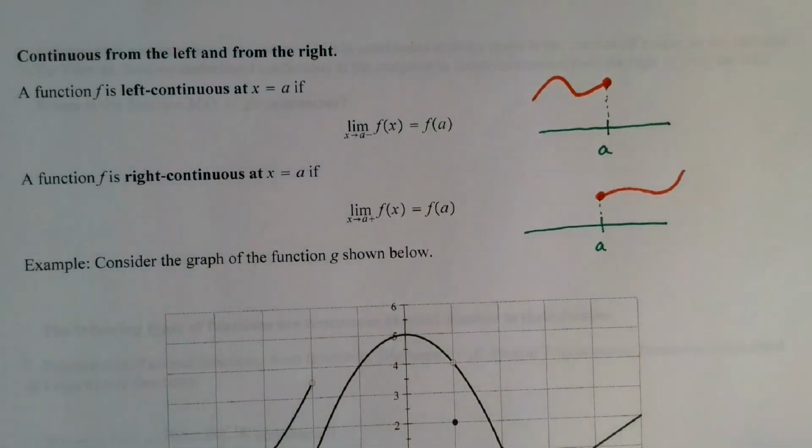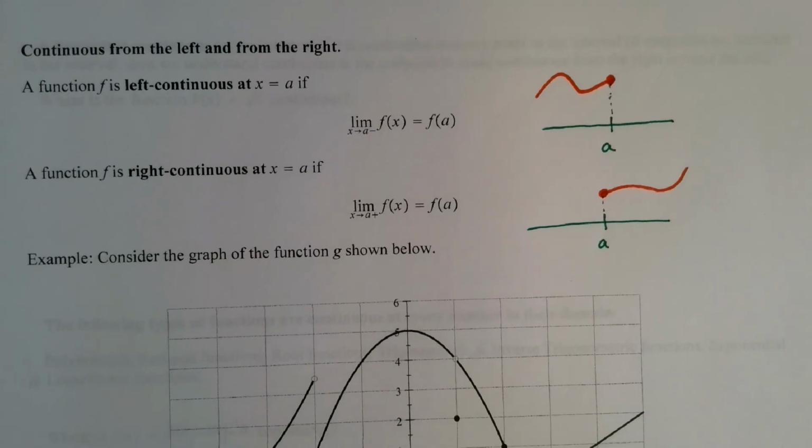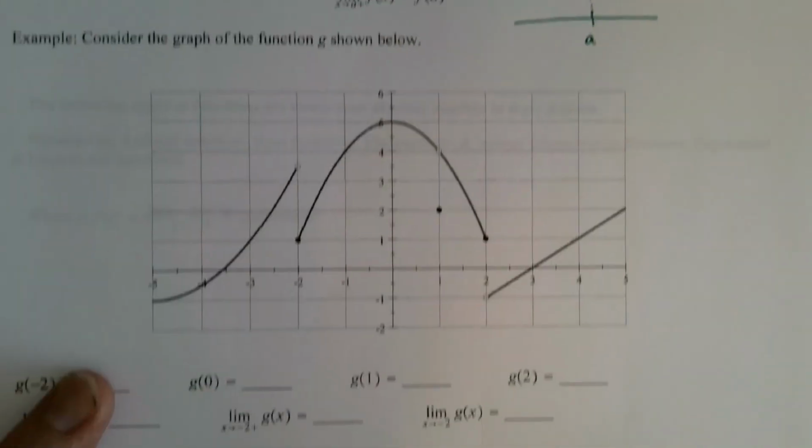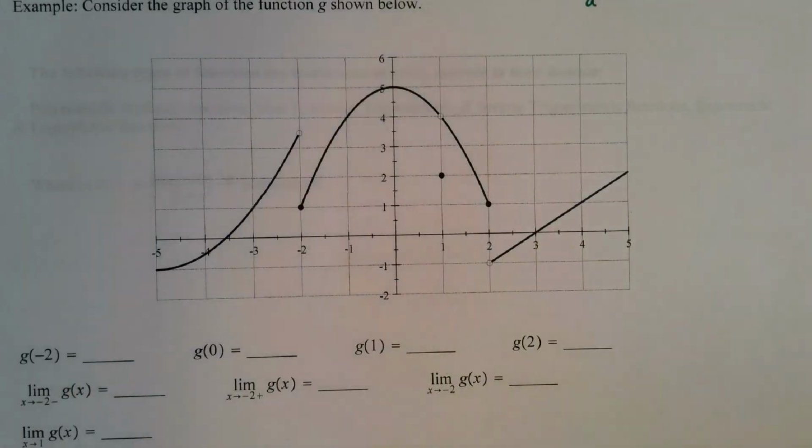So if a function's continuous at a point, it is both left continuous and right continuous. But sometimes we're only left continuous, sometimes we're only right continuous. Other times we're not continuous at all, and that's fine, without either one of these left or right continuity being true. All right, let's summarize everything here then with this graph of this strange function again.